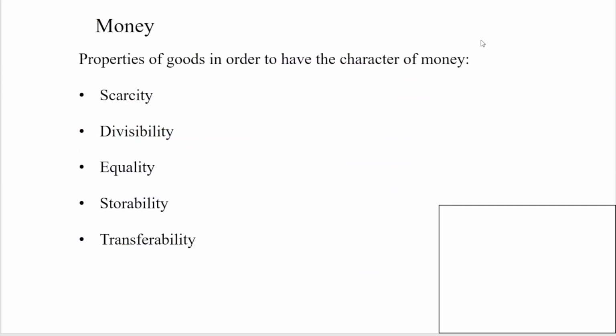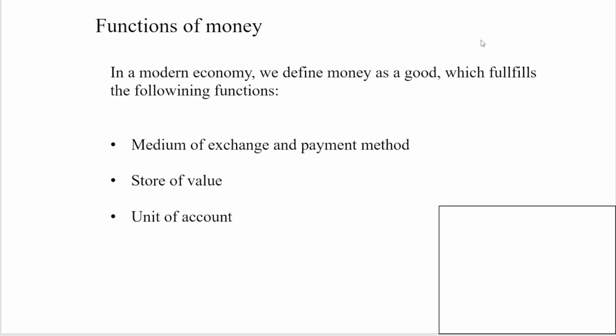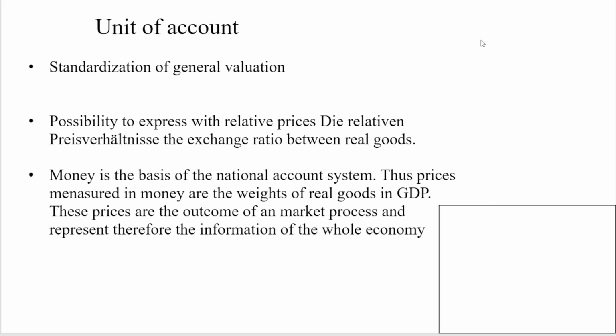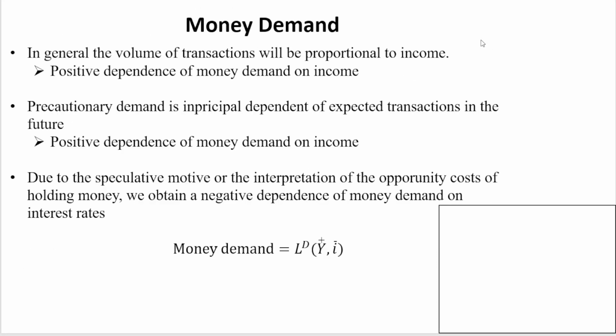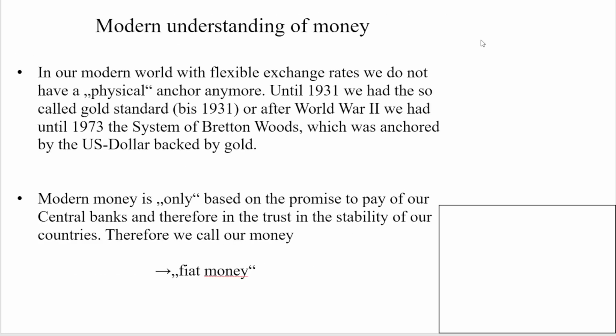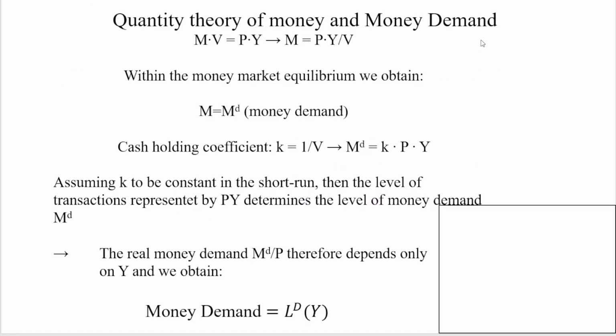And money, what is money? Functions of money, motives of money holding. From these motives we obtain money demand. Once the Keynesian money demand, and the other one from quantity theory of money demand.